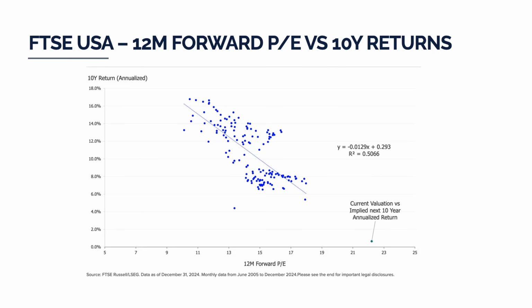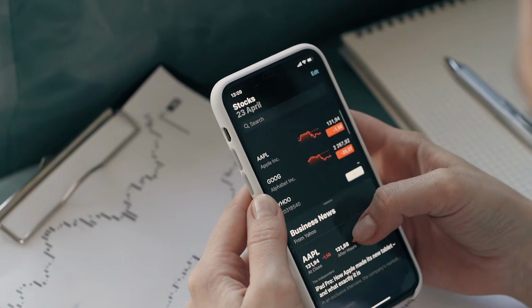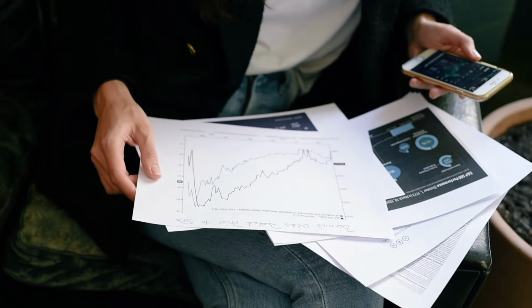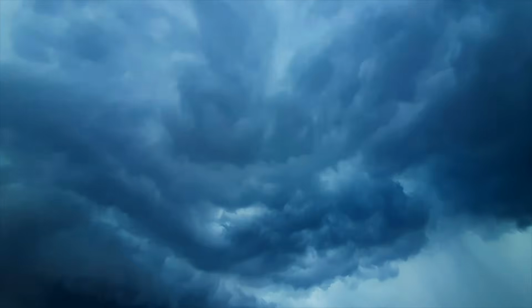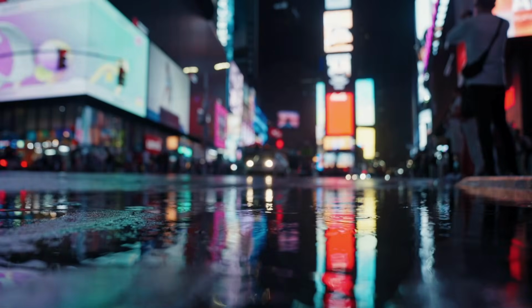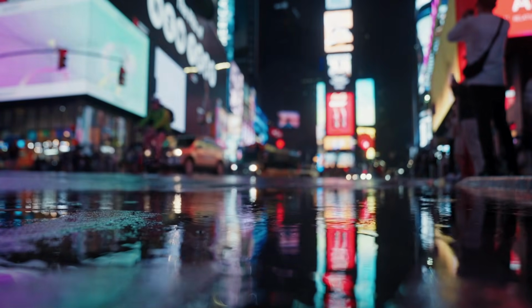The relationship is not perfect, but the direction is clear. So with global markets, and particularly the US, trading at high valuations, one risk is that expectations become too optimistic. If valuations mean revert, a global equity ETF could be hit hard, even if company profits remain healthy.